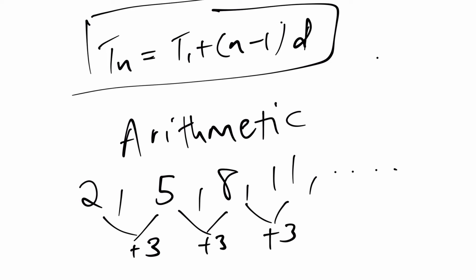As you can see here, we have 2, then the following term is 5, 8, 11. And you can notice that the difference between 2 and 5 is 3. Difference between 5 and 8 is also 3. Difference between 8 and 11 is also 3. So we can tell that since the difference is consistent, this sequence is called an arithmetic sequence.